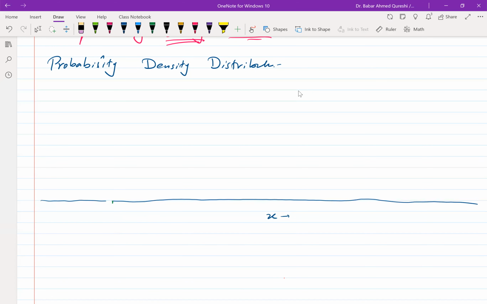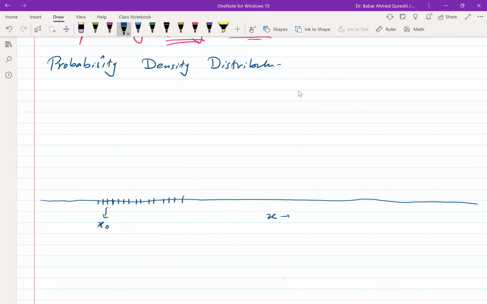So instead, what you do is the following. You make some bins. Suppose this variable takes some value x naught over here. You don't talk about the probability of x naught.